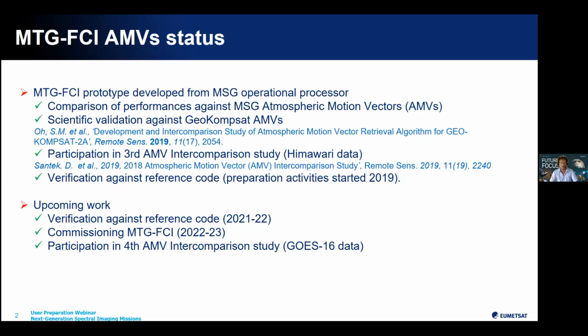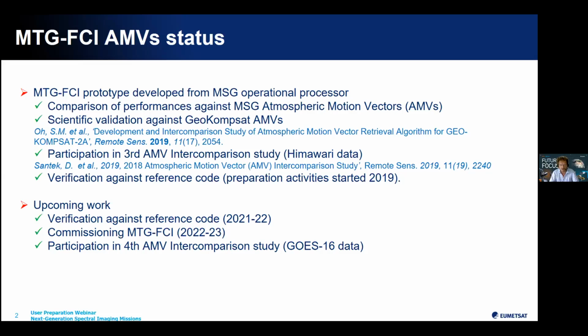We currently perform verification against reference code that is prepared by industry, and this activity is going to last until 2021, 2022. Then will come the commissioning of the MTG FCI AMV algorithm from 2022 to 2023. As upcoming work, we also plan to participate in the fourth AMV intercomparison study.